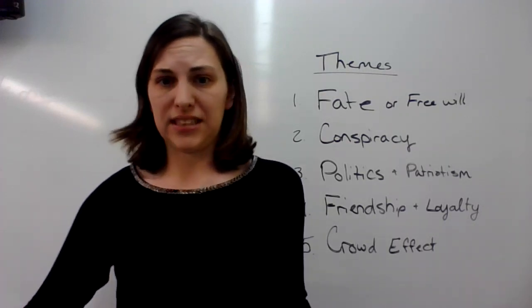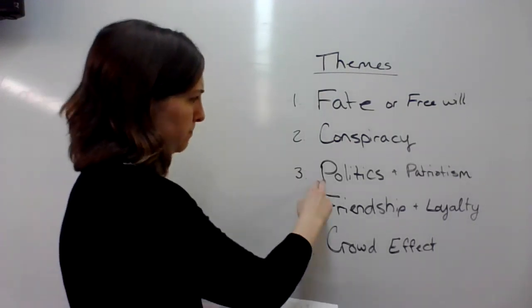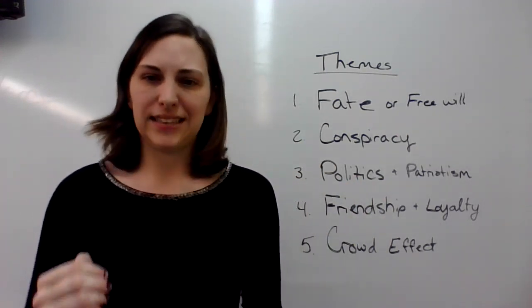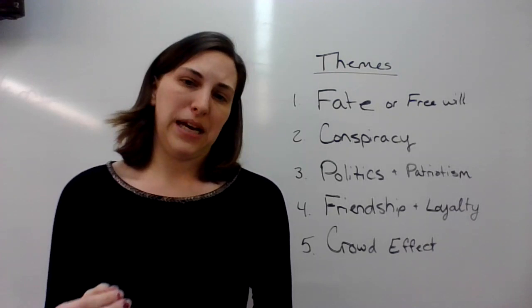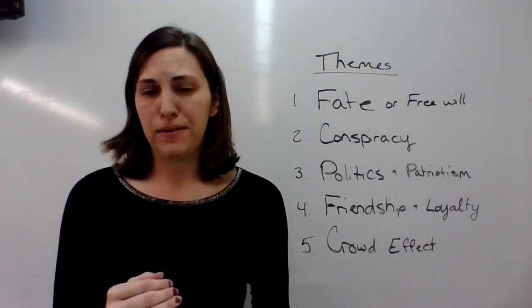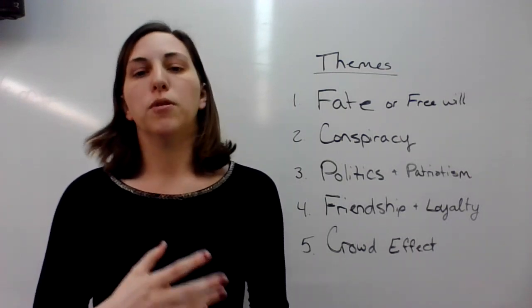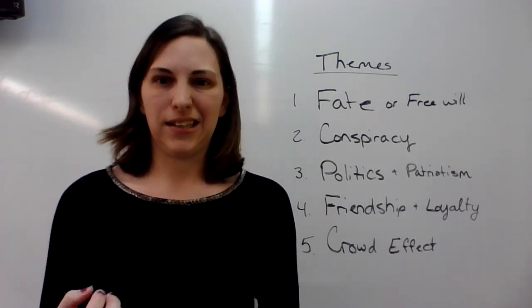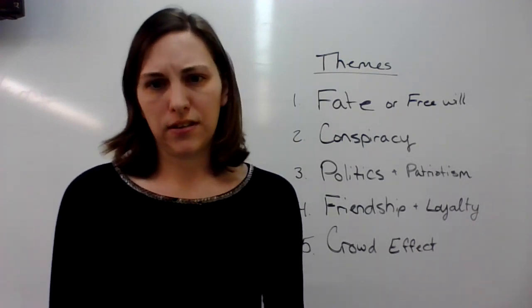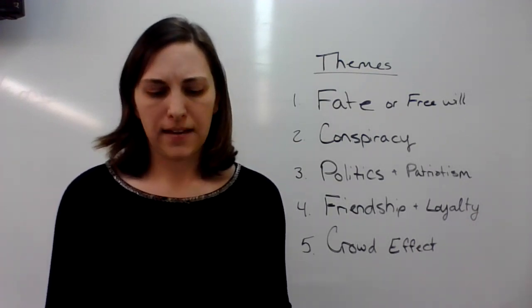And so, getting into the politics and the patriotism of it, Brutus thinks he is being the best citizen and the best patriot he can be for his country by removing this tyrant, this obstacle that is potentially going to hurt the country that he lives in.